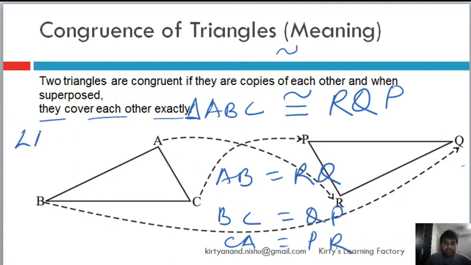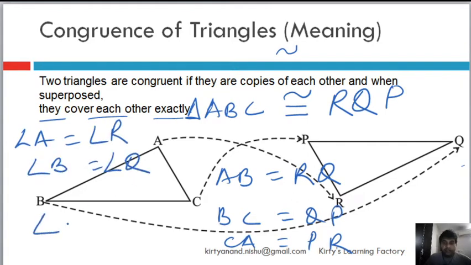Similarly, angle A is equal to angle R, angle B is equal to angle Q, and angle C is equal to angle P, right?